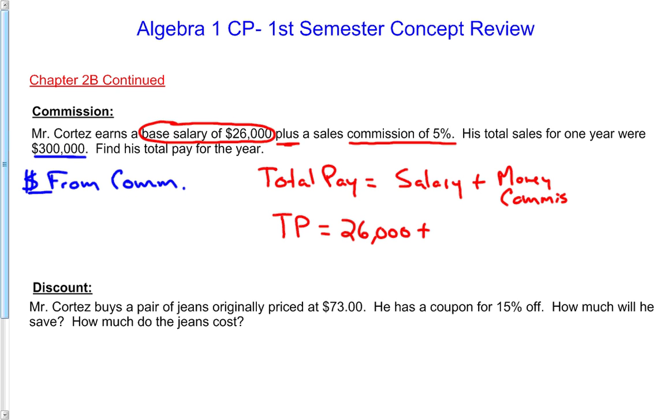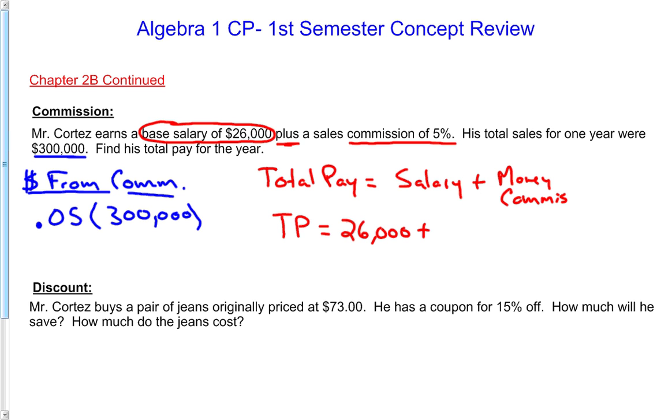You take the rate, so 5%, remember divide that by 100, that's 0.05, and you multiply that by the amount of merchandise he sold. So not the number amount, but the dollar amount of merchandise that he sold. I have my calculator in my hand here, so I'm taking 0.05 times 300,000, let me fix my comma.